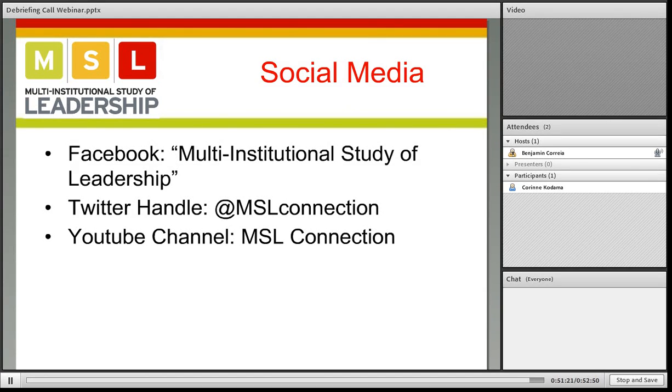We will also let you know various brief updates through Twitter. We'll also be posing various questions throughout the year just to get you thinking about either your data or about the MSL or about certain findings from the MSL, and just helping you to keep leadership education and various aspects of leadership education in the forefront of your mind.